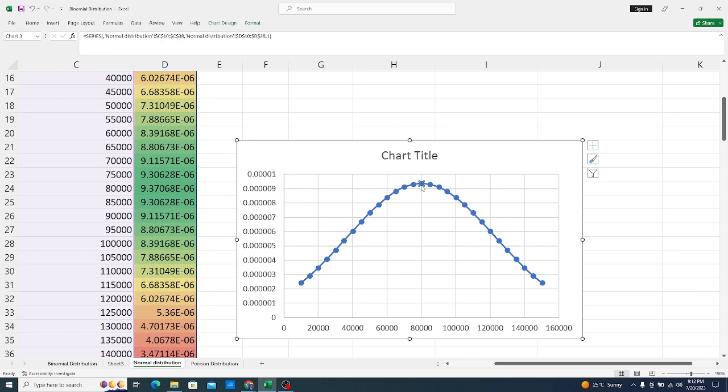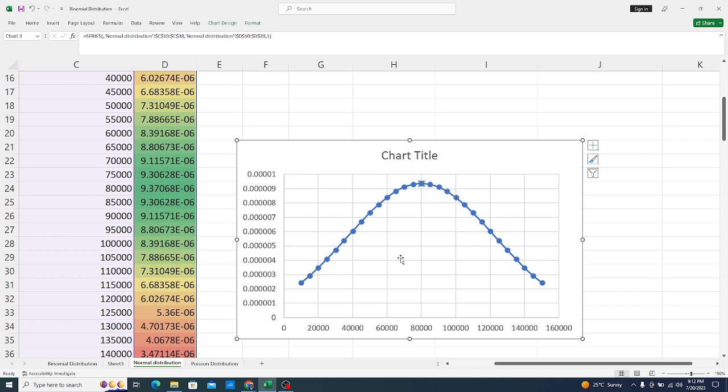What about when we reduce and increase the mean? I want to see how the mean affects the normal distribution.